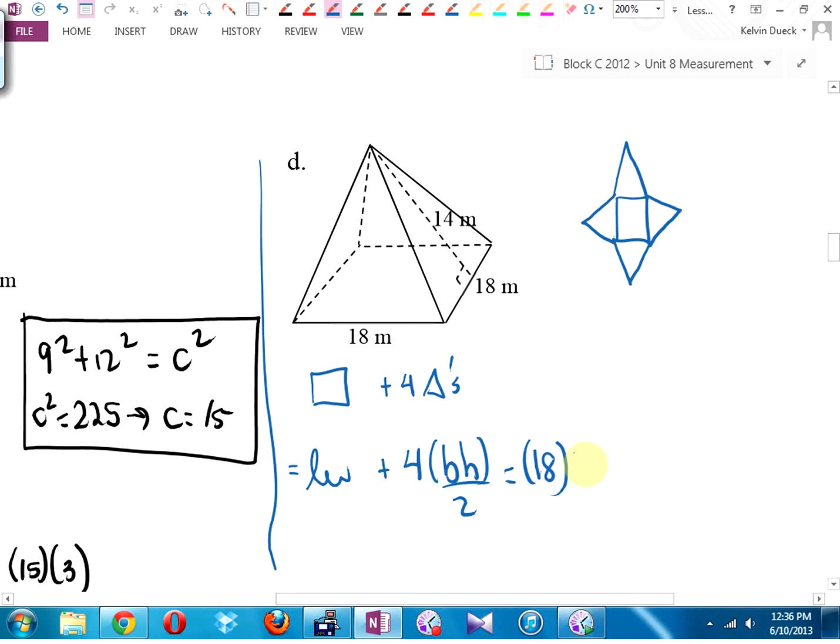What's the width? Also 18. Is there a shorter way to write that? Put a little squared there. Plus 4. Now, here's the triangle we're talking about. What's the base? 18. What's the height? 14. Don't forget to divide by 2 because it's a triangle. What is 18 squared plus 4 times 18 times 14 divided by 2?